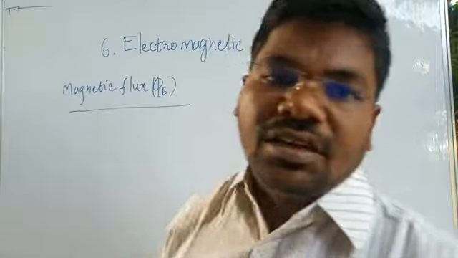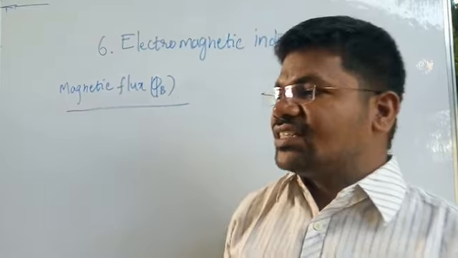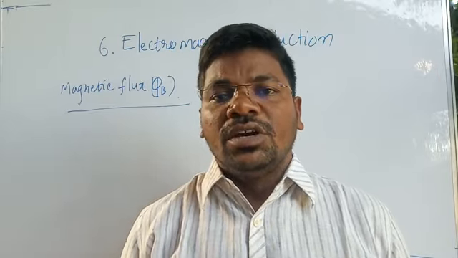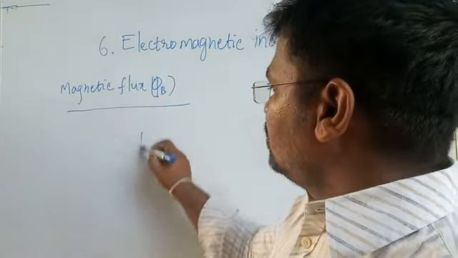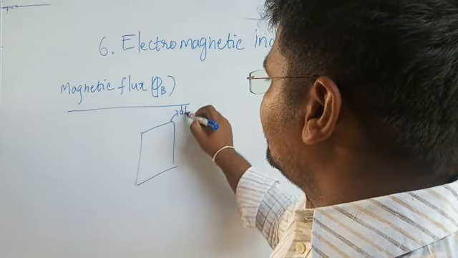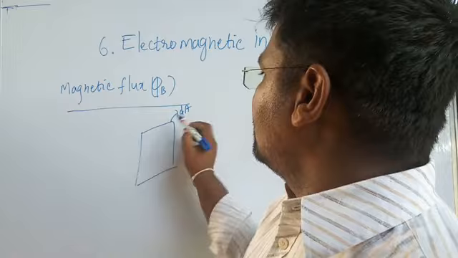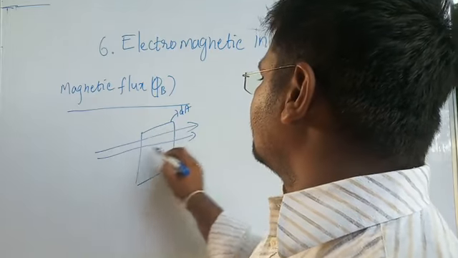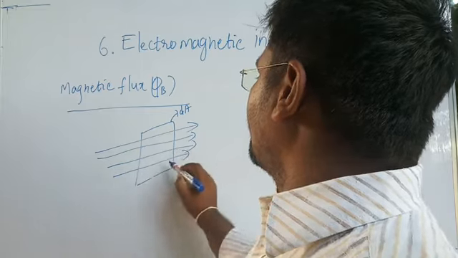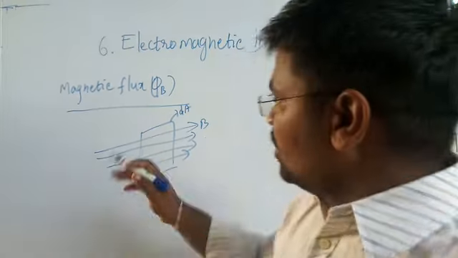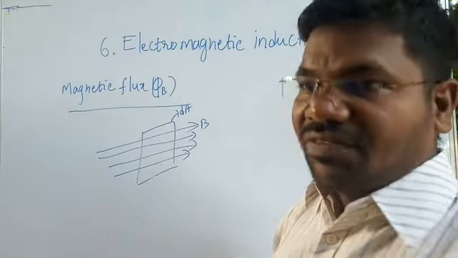Magnetic flux is defined as the number of magnetic field lines passing through a unit surface area, denoted dA or A. The number of magnetic field lines passing through unit area is called magnetic flux.